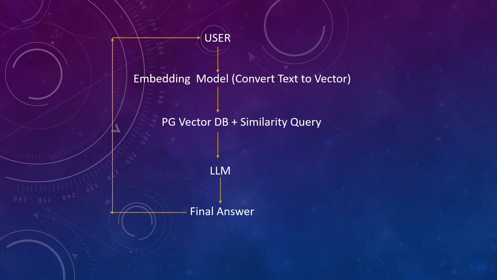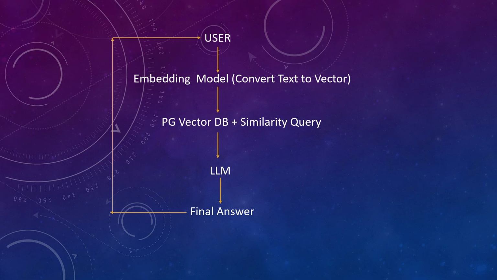Then the flow further points to the LLM, where it takes the retrieved answer, that is the context, and the prompt. It will package these two things and return the final answer back to the user in natural language. So this is what happens behind the scenes.